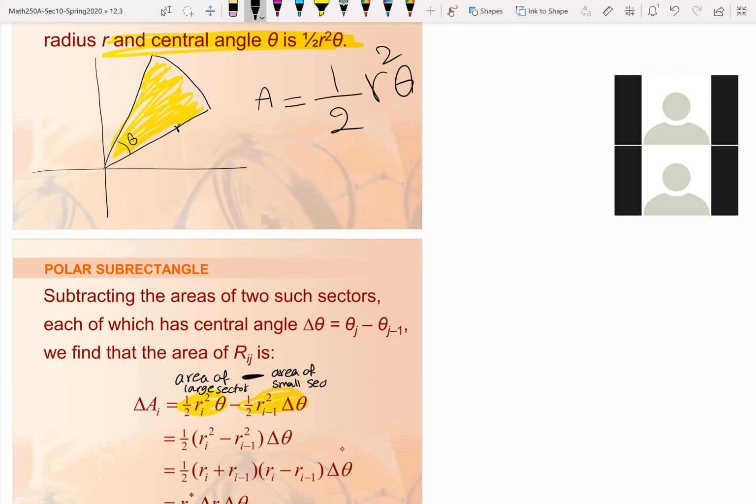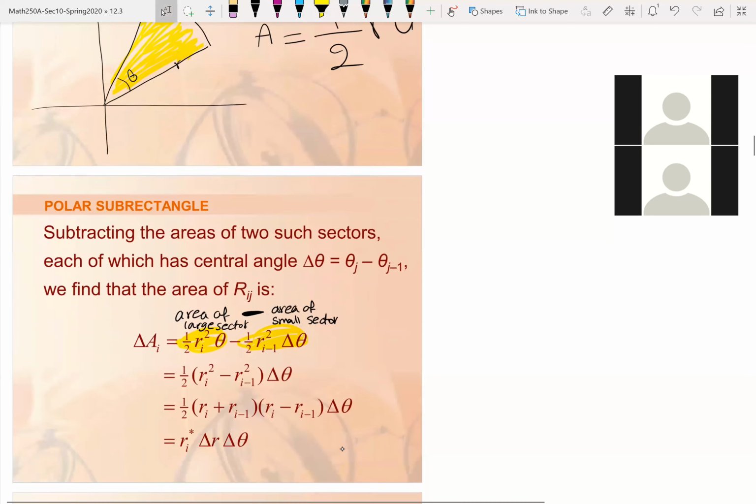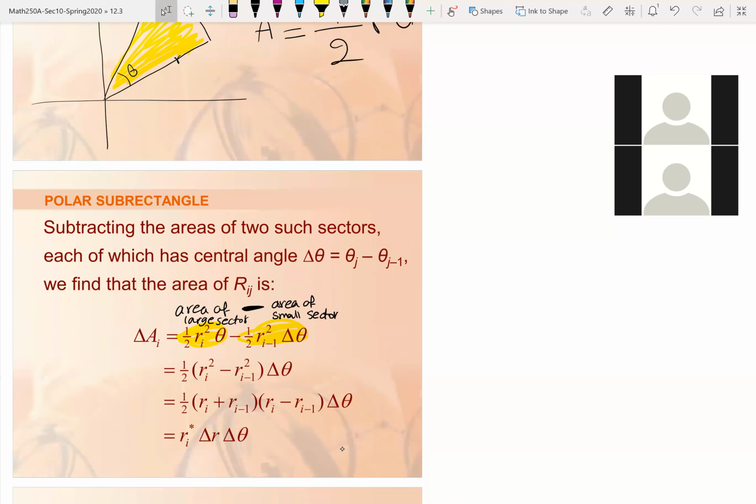And then when we do a little bit of simplification, we can factor out half and delta theta, which gives you a difference of squares, and that difference of squares factors in this way. So this piece is going to be delta R, and then delta theta, and then this half times the sum is really what we call R, okay? Do I need to know this proof for calculation? No, you don't need it.